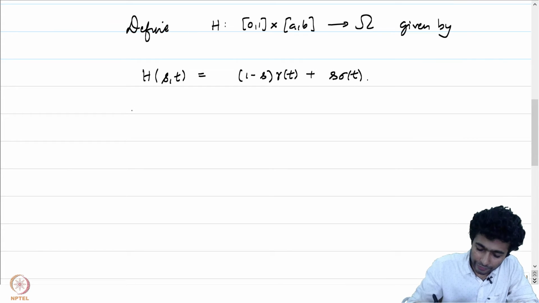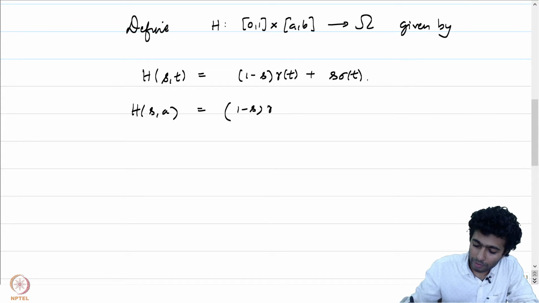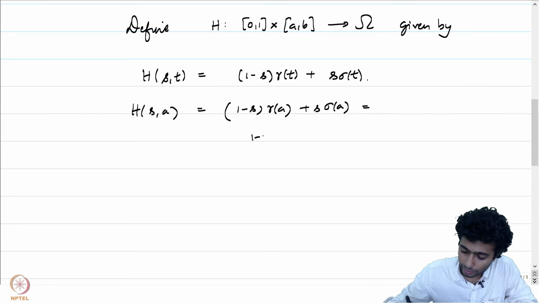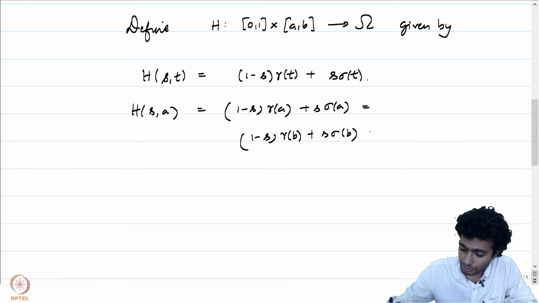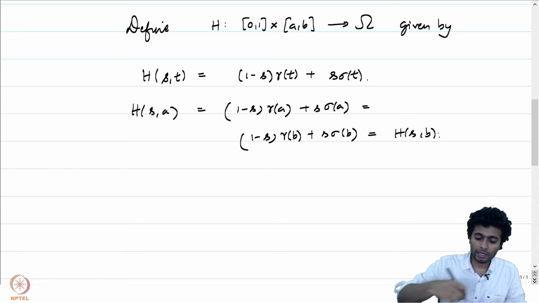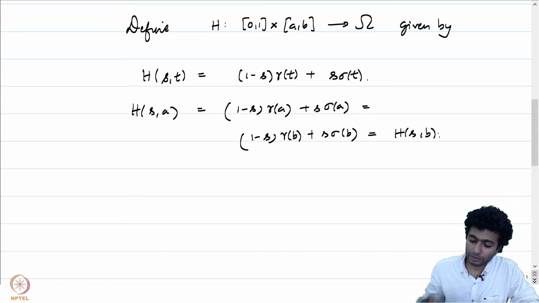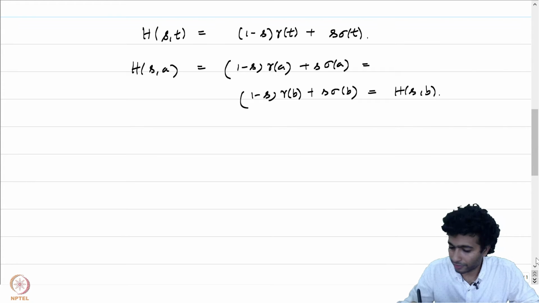Maybe I'll just check for you that H of S comma A is equal to 1 minus S times gamma of A plus S times sigma of A. Then gamma of A is the same as gamma of B, and sigma of A is also the same as sigma of B. So this is going to be equal to 1 minus S times gamma of B plus S times sigma of B, which is precisely equal to H of S comma B. Therefore, at every stage S, H of S comma t, or gamma subscript S of t, is going to be a closed curve at the point H of S comma A. So this is indeed a closed curve at every stage, and the fact that it is continuous is quite straightforward.